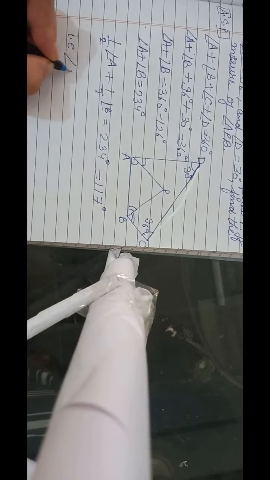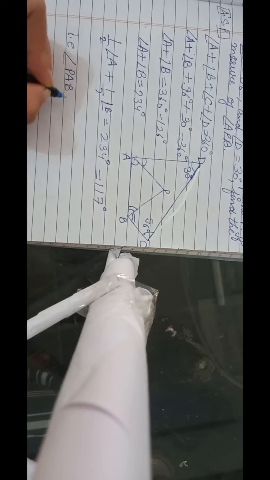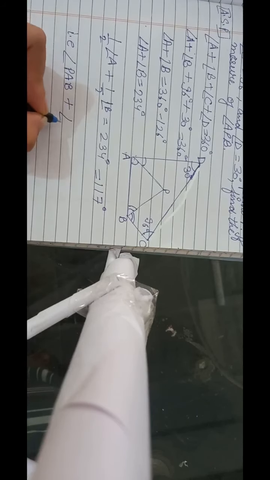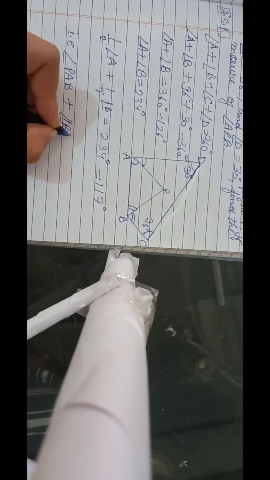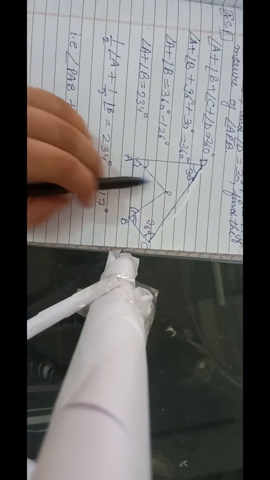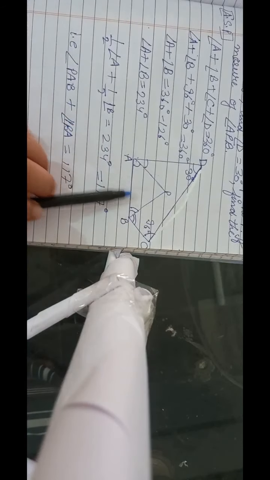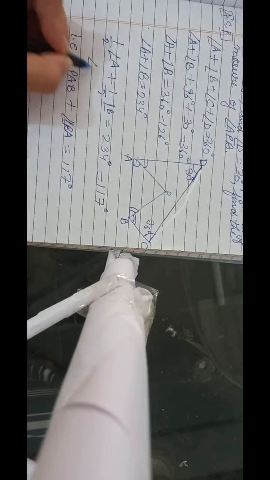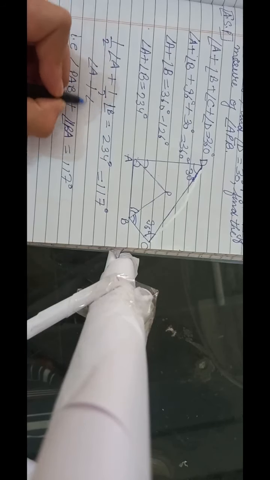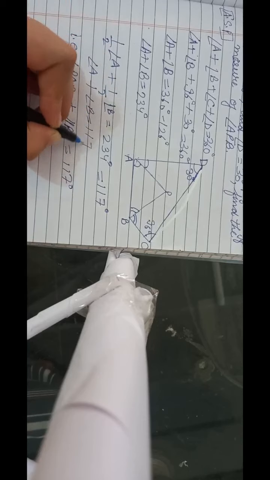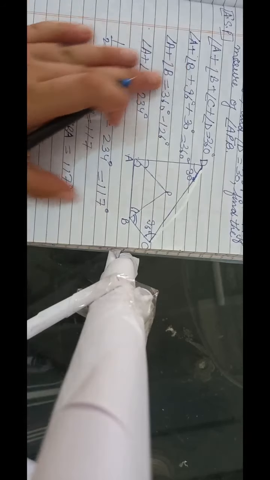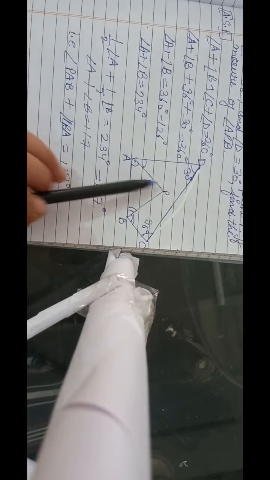So that is angle PAB plus angle PBA is equal to 117 degree. So we have now come to this triangle, right? Or else we could write angle A plus angle B is equal to 117 degree. As you know that we have to find angle APB, so let's go in that triangle.